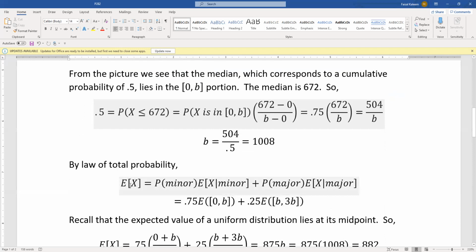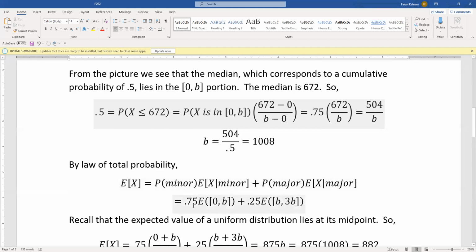By the law of total probability, the expected value of the loss is the probability of a minor accident times the expected value of the loss given a minor accident, plus the probability of a major accident times the expected value of the loss given a major accident, as minor and major accidents are mutually exclusive and they cover every situation of an accident.